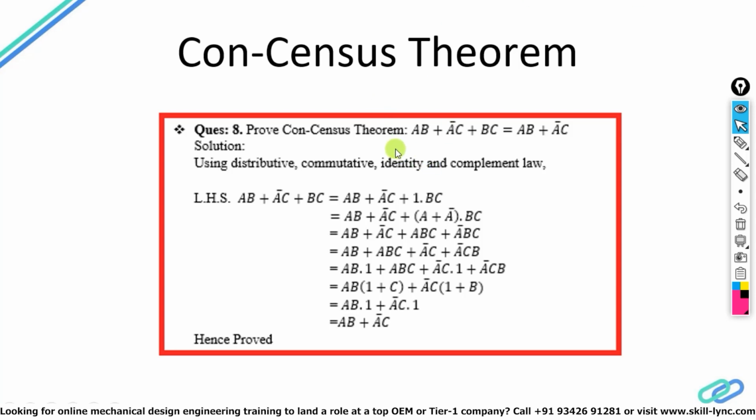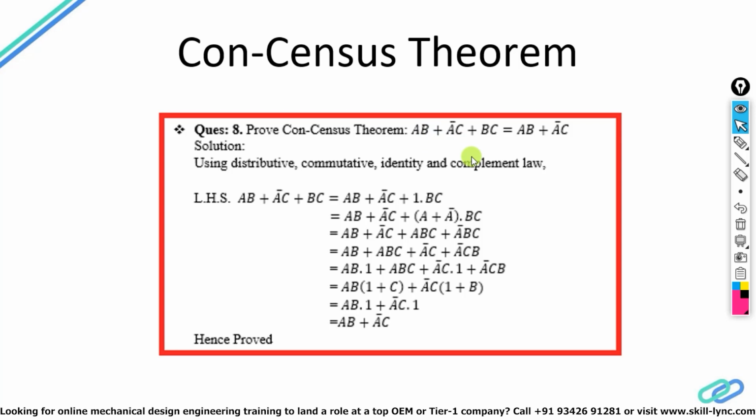In the consensus or redundancy theorem, there are three terms and three variables A, B, C. So A, B and C are used as the variables.